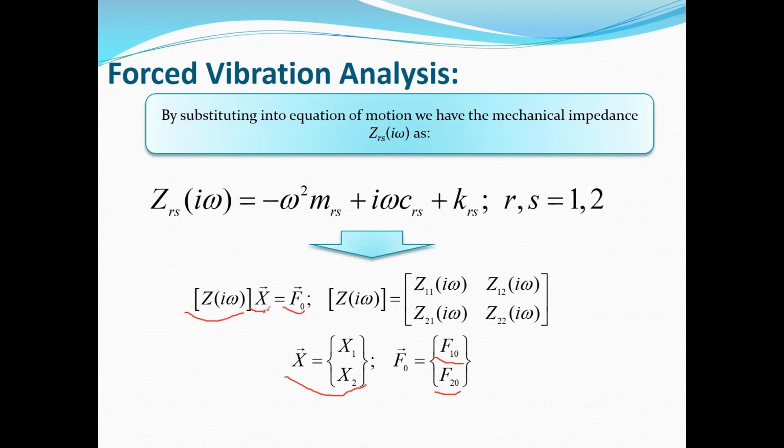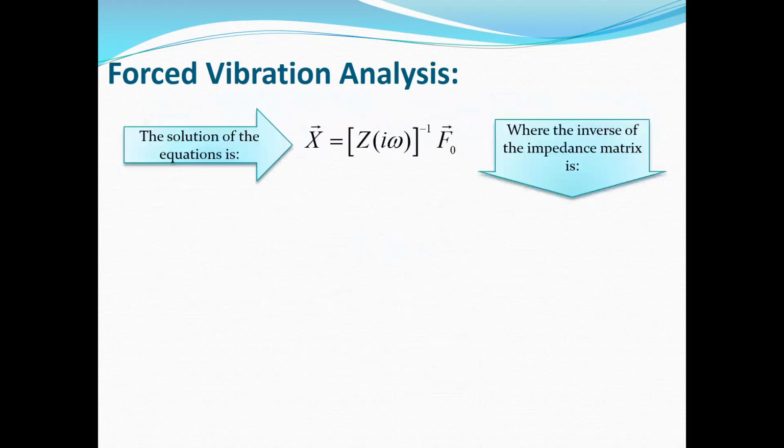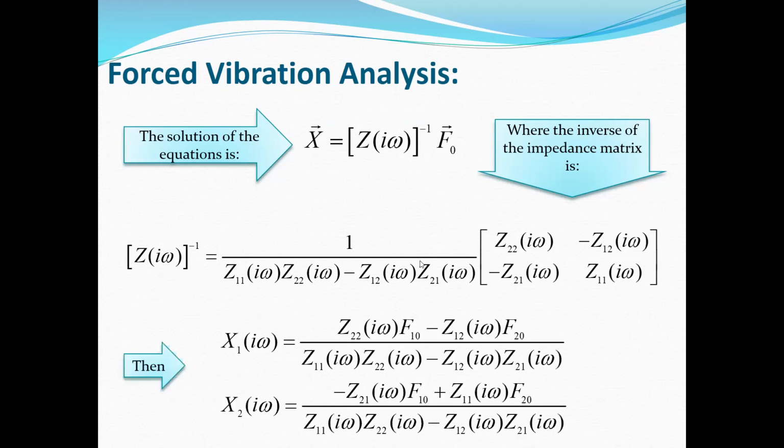So easily from matrix algebra, we can obtain that X is equal to Z inverse multiplied by vector F naught. So we can find X easily by using the inverse of matrix Z, and you know that the inverse of matrix Z is equal to this term. You can calculate the inverse of this matrix, and finally by multiplying by F naught you can obtain X1 and X2.